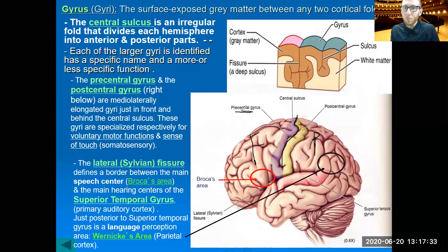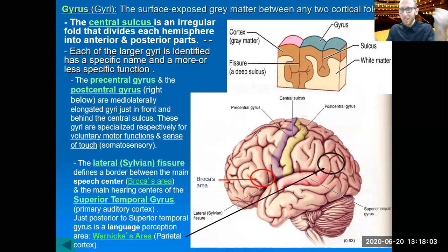We can see the pre-central gyrus as this section right here, it's in purple, and the post-central gyrus in yellow. The pre-central gyrus, part of the frontal lobe, is going to deal with voluntary motor movement.